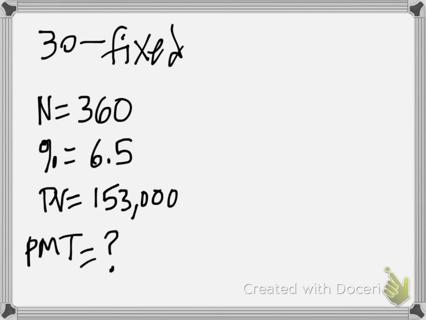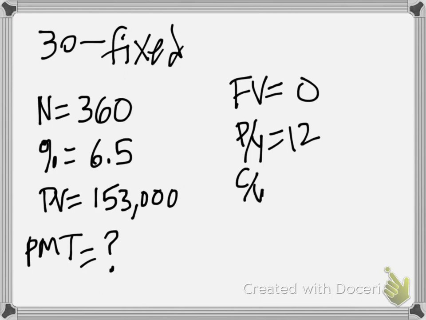That's the big one, right? We're going to work it to where our future value is at 0, so we're all paid off. As we mentioned, payments per year is 12, C/Y is 12. So really the only thing that's changing is that rate, the fixed versus the ARM.